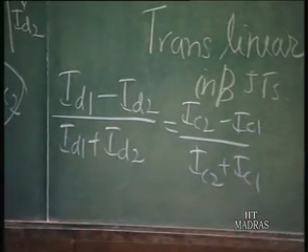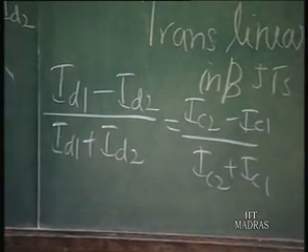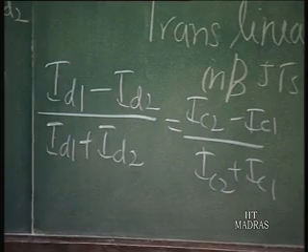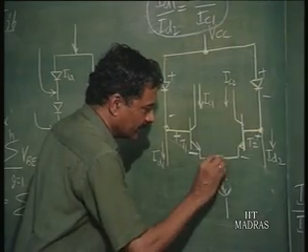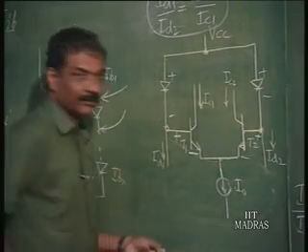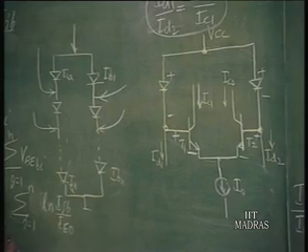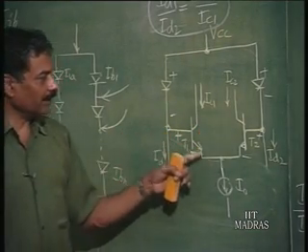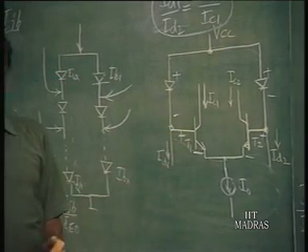I can make these two currents add up to a constant current, that is the Gilbert cell, a constant current I naught, force the current to be constant. So, that means I C 2 plus I C 1 is equal to I naught.